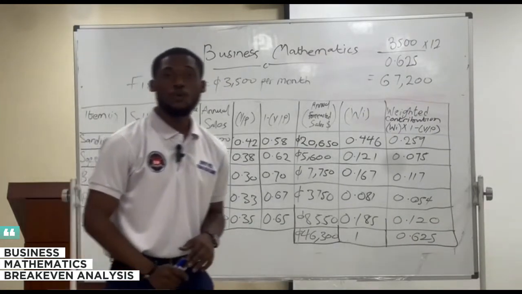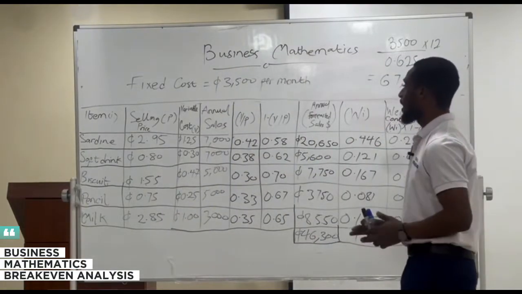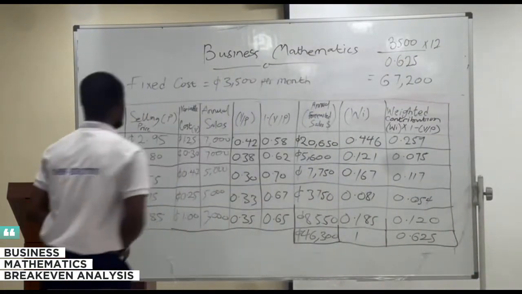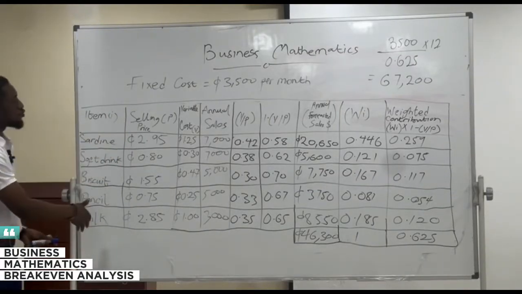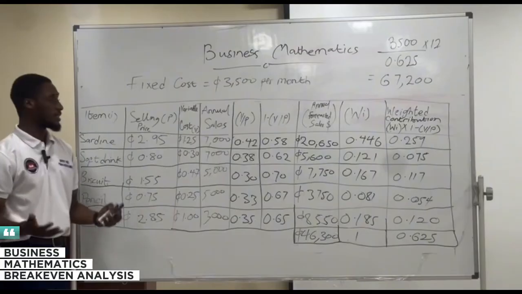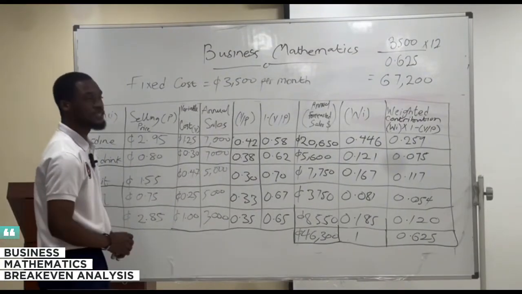So using 1 minute, I'll sum this whole thing up. As I said, the question will be given, the fixed cost will be stated, the items will be stated for you, the selling price will be stated for you, the variable cost will be stated for you, and the annual sale will be stated for you.